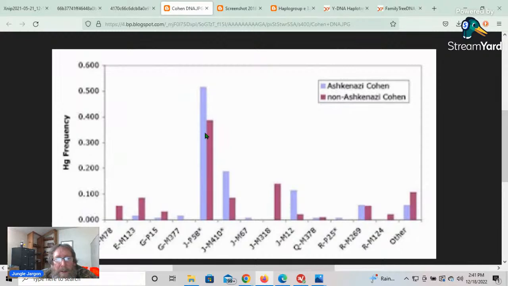You get a big spike right here with J-P58. Both groups of Cohen, which is probably Sephardic or whatever, have a huge spike for J-P58.